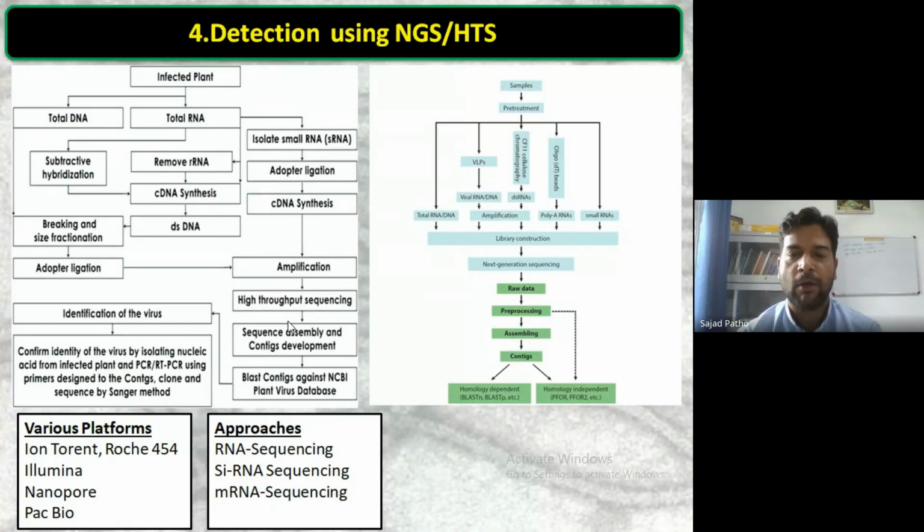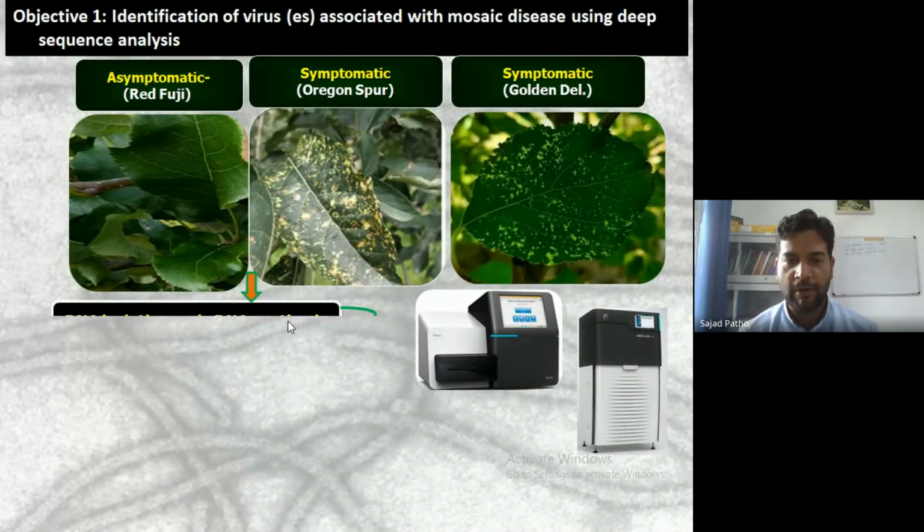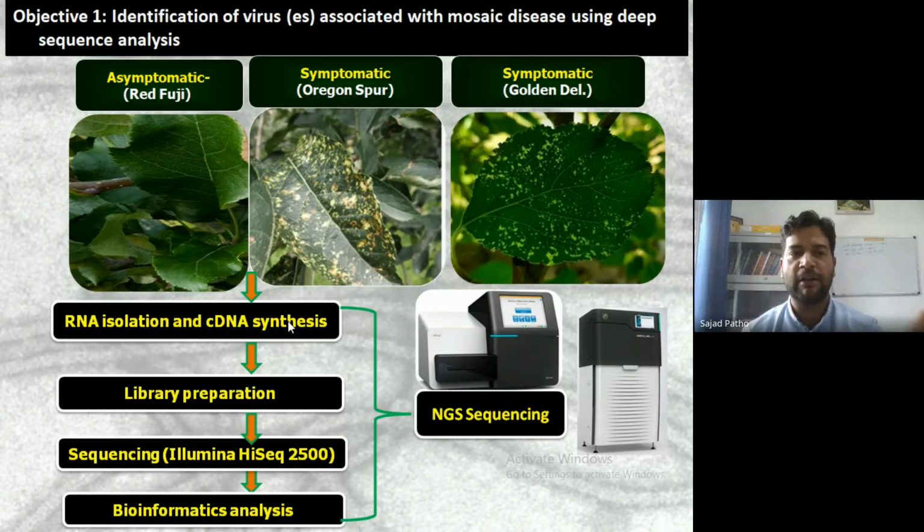For example, we have an apple sample. I will show you here. We were having these apple samples: one was asymptomatic, two were symptomatic. So we sent these samples for next generation sequencing. These are the steps. First, they go for RNA isolation, cDNA synthesis, then library preparation. Then they go for the sequencing, and they sequence each and every component.